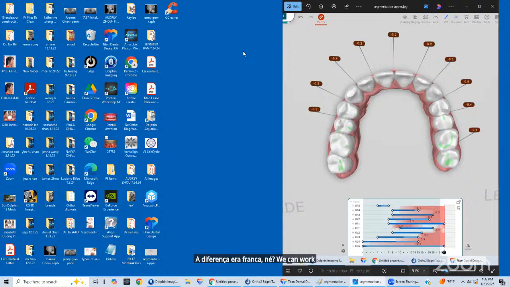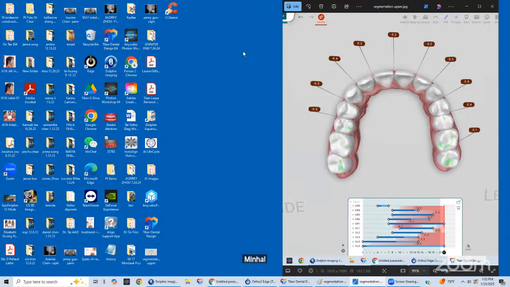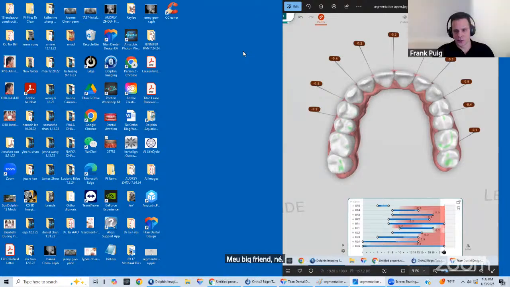I love working with you, Ignacio in Ecuador, my big friend. And one thing, everybody, I want to see that I understood correctly. Right now on Titan, you are able to import a CBCT, match it to the tooth, and see where the bone is compared to the roots.